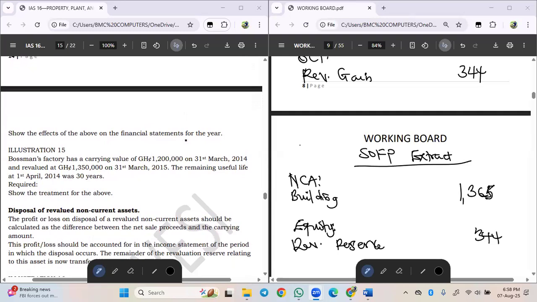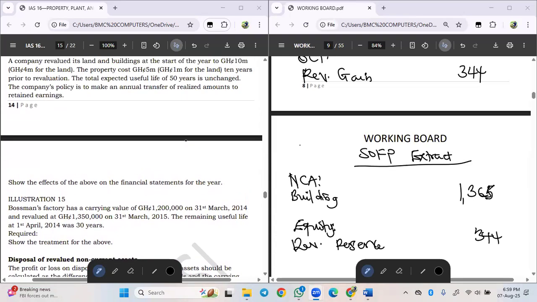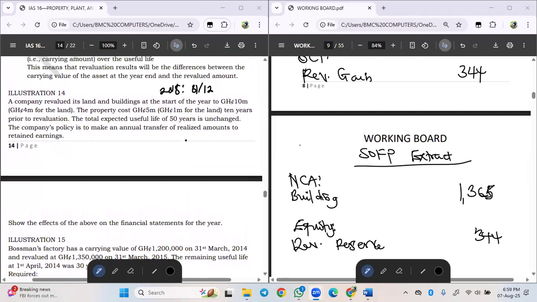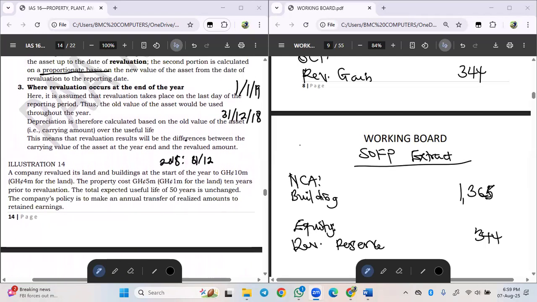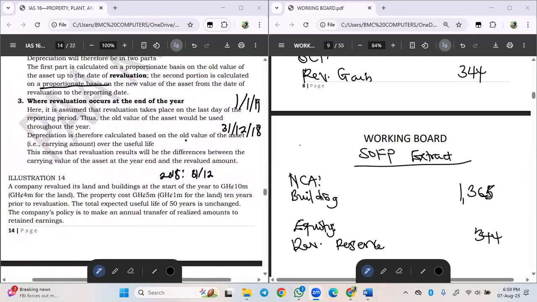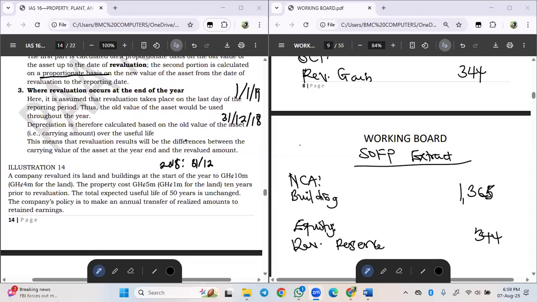I'm asking, if we are preparing the statements of financial position as at 31st December, whilst the revaluation was done on that same date, what amount are we using for our non-current assets? Is it the revalued amount or the carrying amount after the depreciation? When we started revaluation, I said something. How do we measure the assets after revaluation? I said something about that.